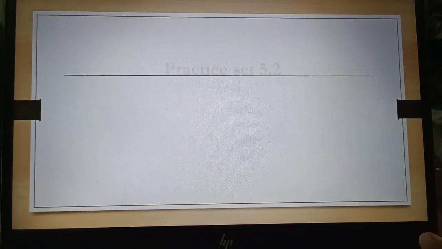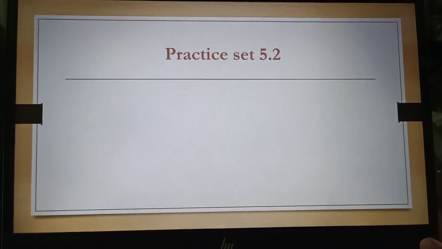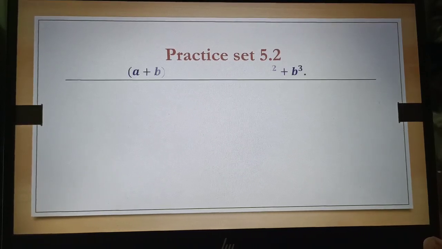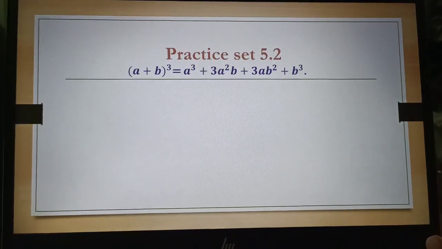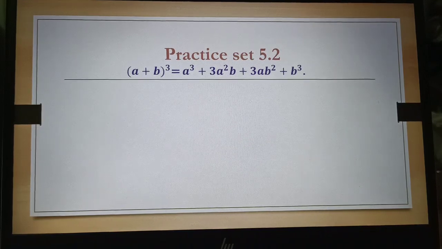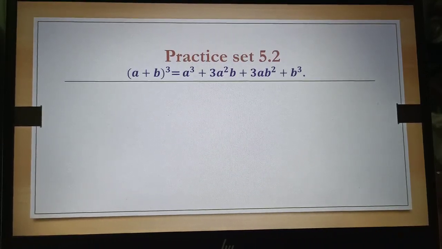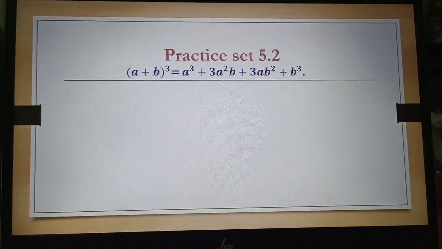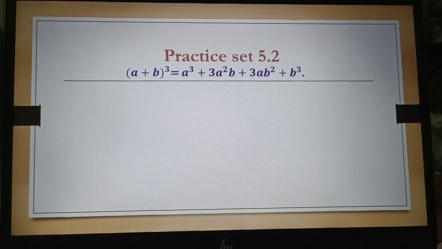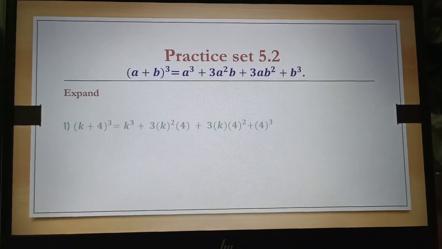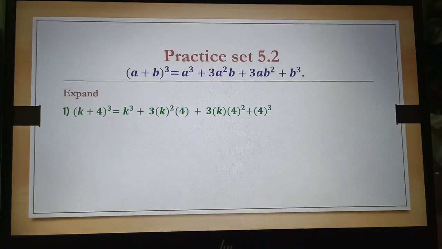The next one, we are going to solve practice set 5.2. So here we are going to use the formula a plus b the whole cube is equal to a cube plus 3a square b plus 3ab square plus b cube. So the first one is k plus 4 the whole cube.